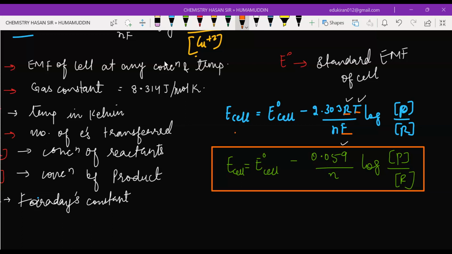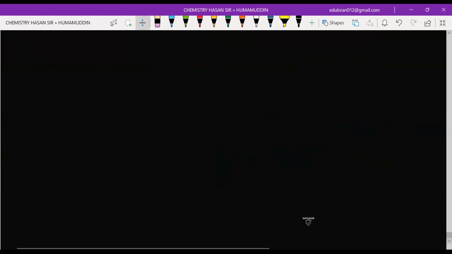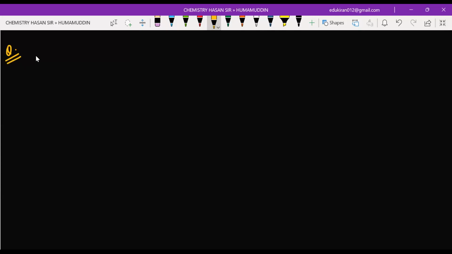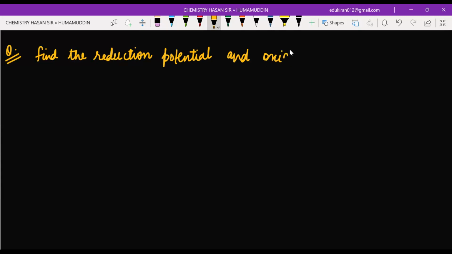Done, sir. So I'm going to give you a question on this. Please do it, and let me know if you are not able to solve. Find the reduction potential, that means electrode potential E cell, and you also need to calculate the oxidation potential of Fe plus 2.